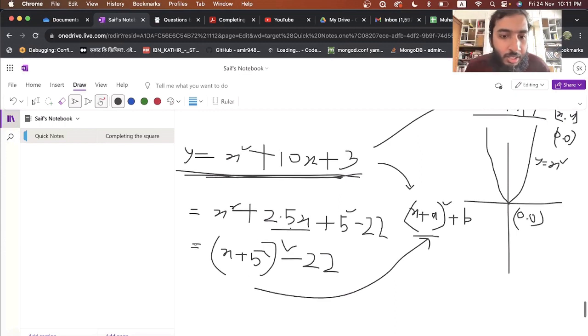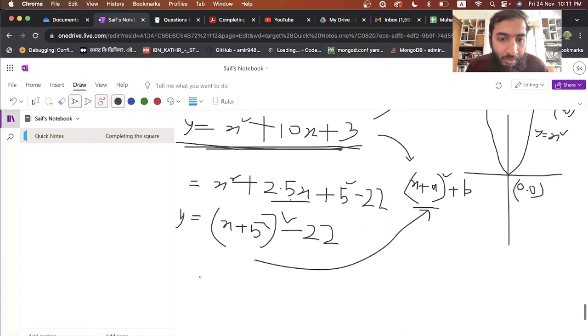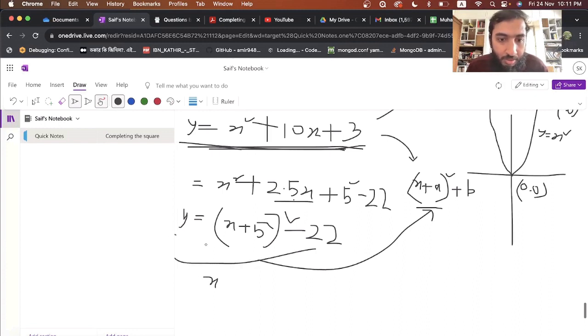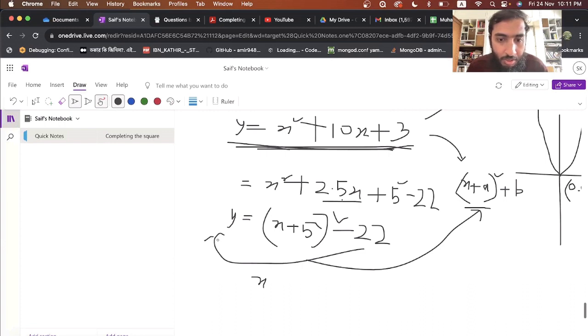So if this is y, I can write, if I take the 22 here, x plus 5 whole square equals y plus 22.